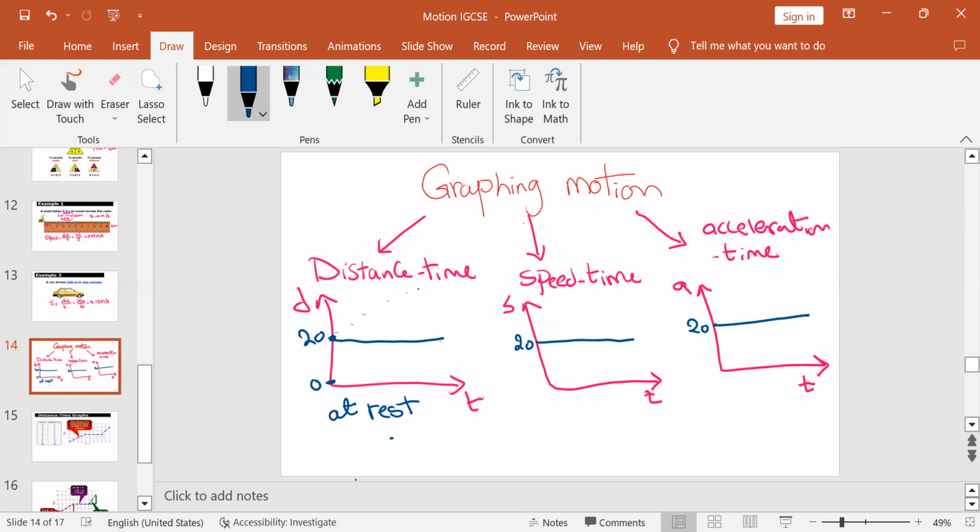The speed is 20 and the graph is horizontal. It means that the quantity represented on the y-axis is not changing, neither increasing nor decreasing. It's constant. But here we have constant what? Constant speed.